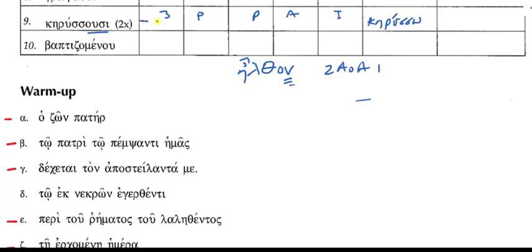Now, we're going to have to draw a line here because this isn't the only option. But if it's the top one, kerususin, how would we translate that? They preach, or they are preaching, okay? Now, what's the other possibility for this? What might this be? Could be a participle. Now, I see the usi.